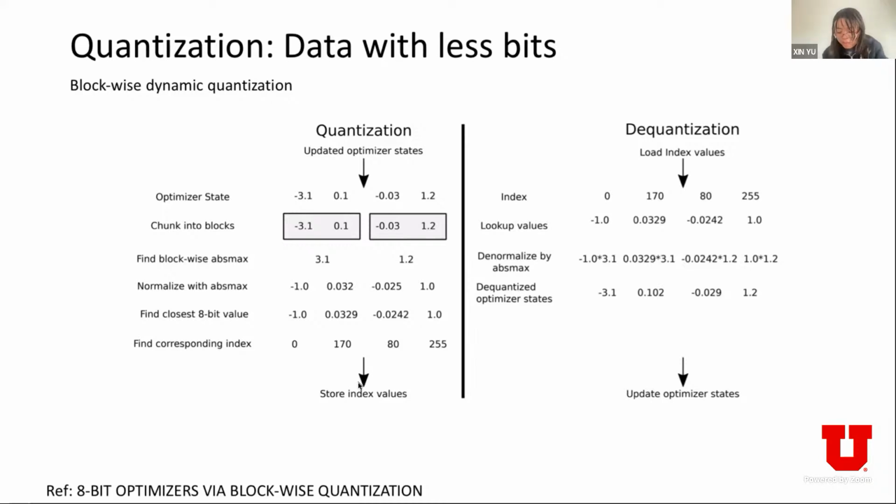Maybe take the 2D tensor, or the 2D weight, for example. We can divide the weight in this way, and then do the block-wise quantization.